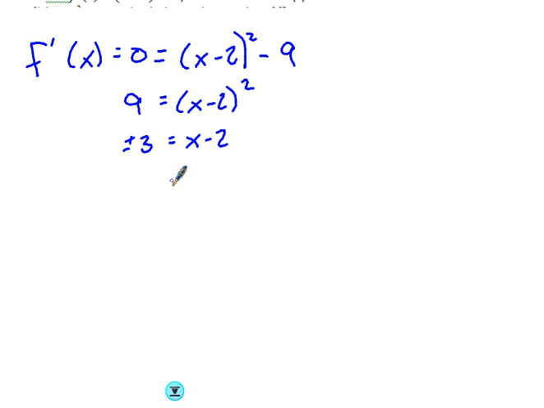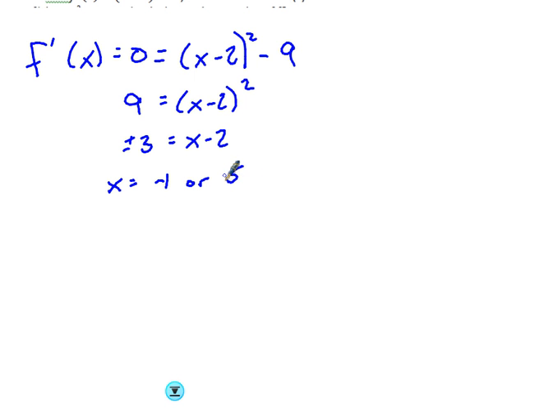And then we can add 2 to both sides and we can say x is either equal to negative 1 or positive 5. So if you checked your answers already online, you would have found out that the actual answer is 5 and not negative 1, but you might be wondering, why is it 5 and not negative 1?